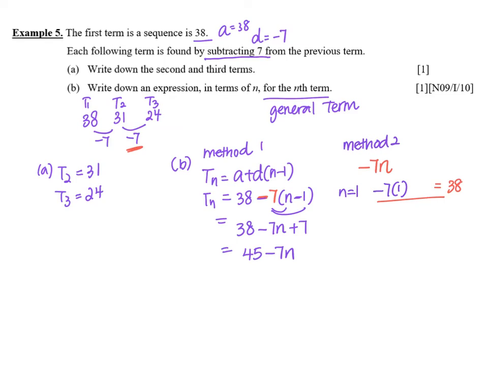Oh, I'm going to add 38 to 7, right? So that will be plus 45. Let's try n equals 2 to see whether this formula works or not. Negative 7 times 2 plus 45 gives me 31. Yes, it's true. So in this case, Tn will be negative 7n plus 45.